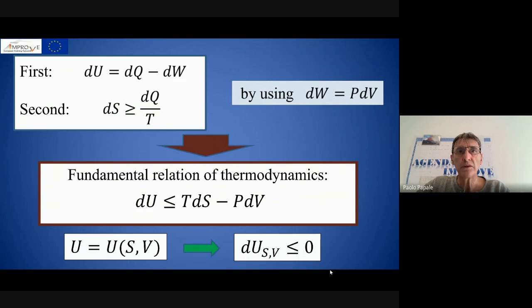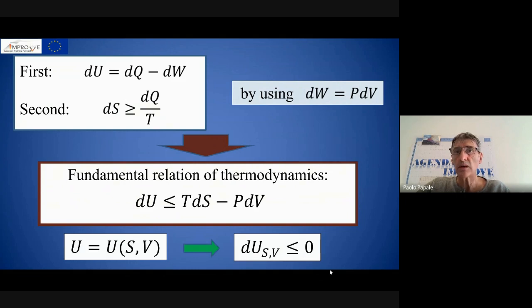When no further decrease of the internal energy is possible, then the process stops. That is, therefore, a criterion for assessing the equilibrium condition of a system. Let's minimize its internal energy while keeping constant its volume and entropy, and the condition of minimum internal energy will give us the condition of equilibrium.